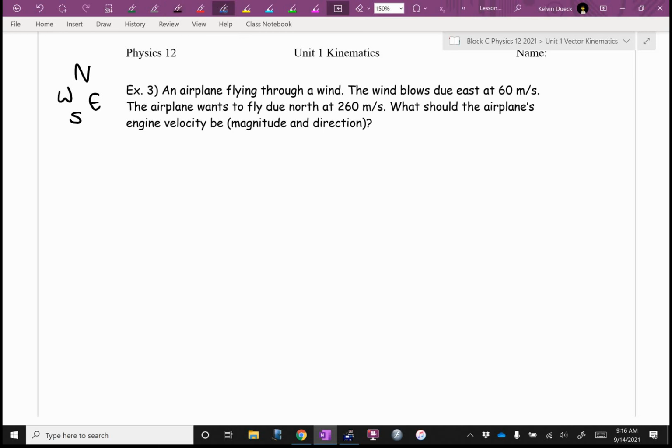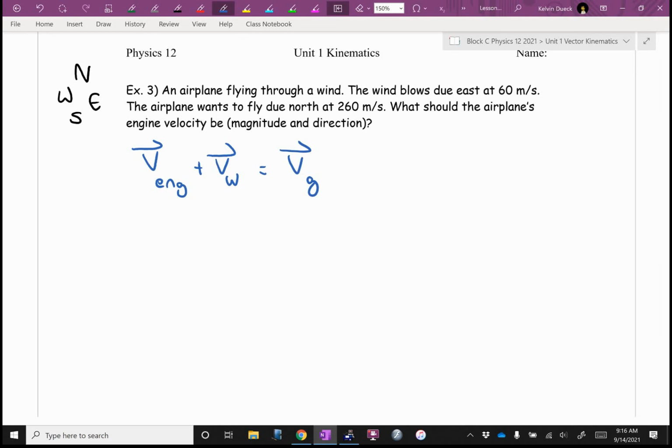Well, V engine plus V wind equals V ground. I think that's from your formula sheet, yes? Is that okay, Logan?